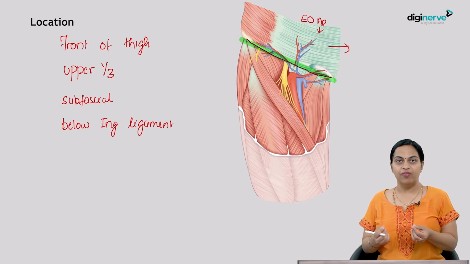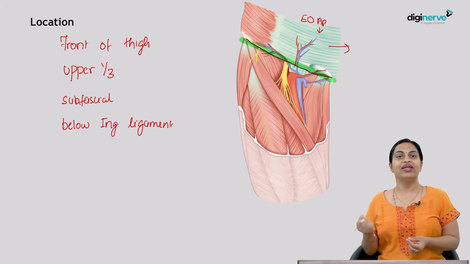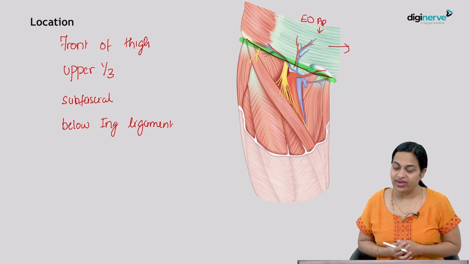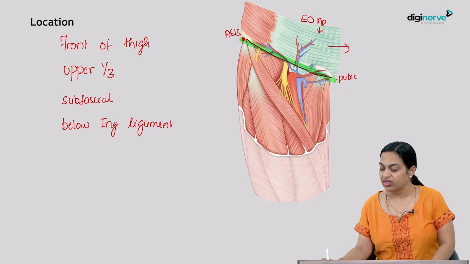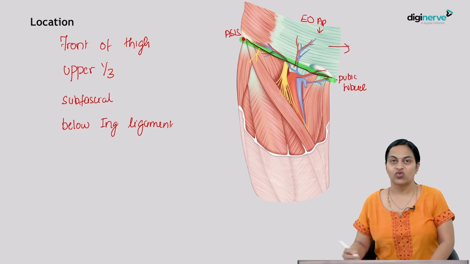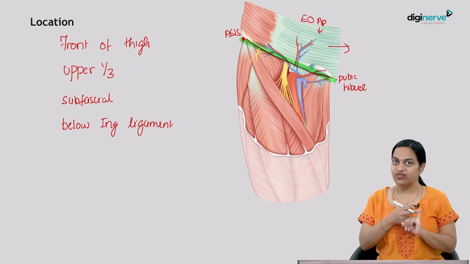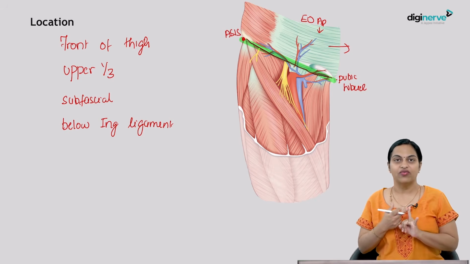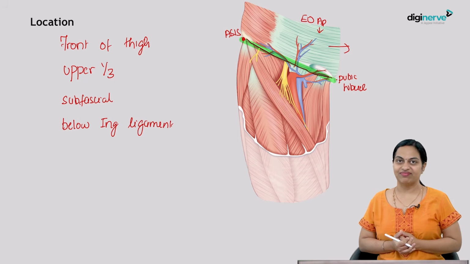Okay, this aponeurosis, its lower border is thickened and inturned to form the inguinal ligament that extends all the way from the anterosuperior iliac spine to the pubic tubercle. So, our femoral triangle is situated in the front of thigh, upper 1/3 of the front of thigh, below the inguinal ligament and deep to the fascia lata.